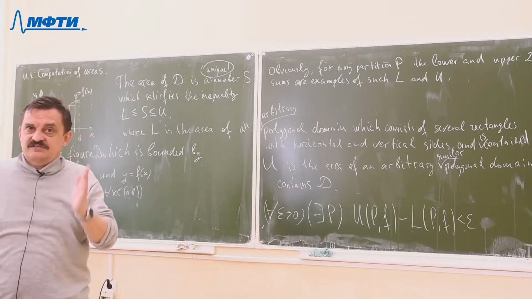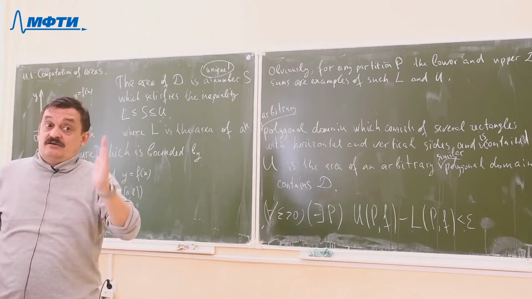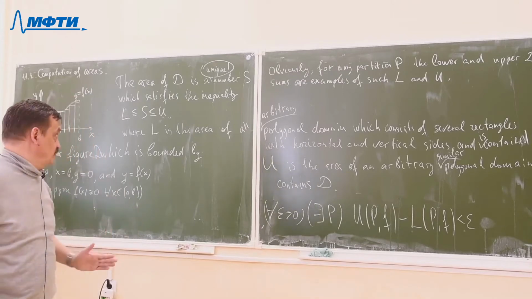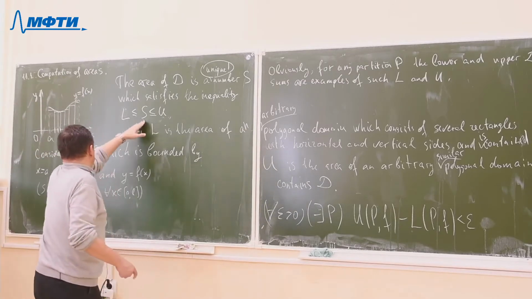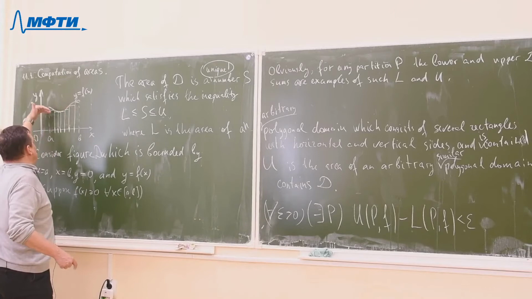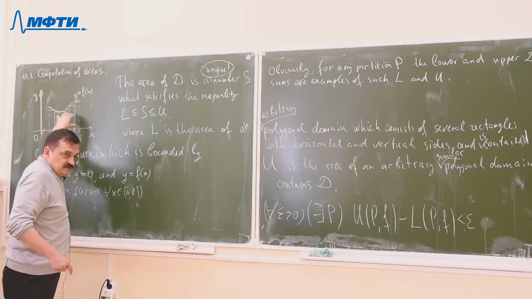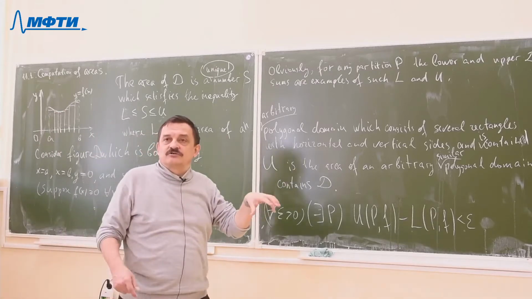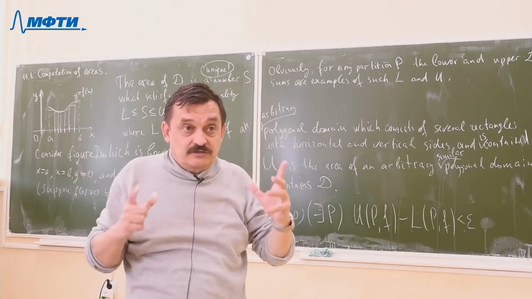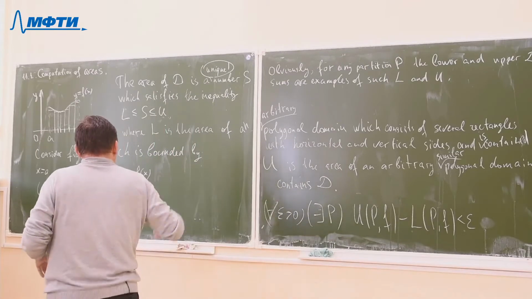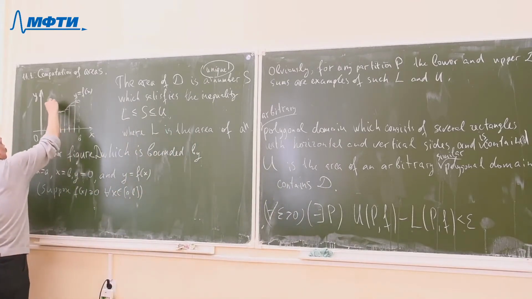So this is the area of a figure. So what is the area? The unique number which is between areas of an arbitrary inner rectangular domain and outer rectangular domain. So the upper Darboux sums will be like that.